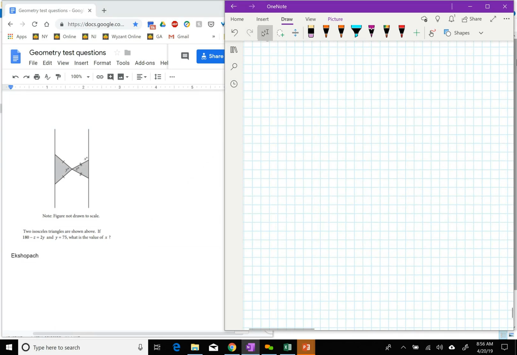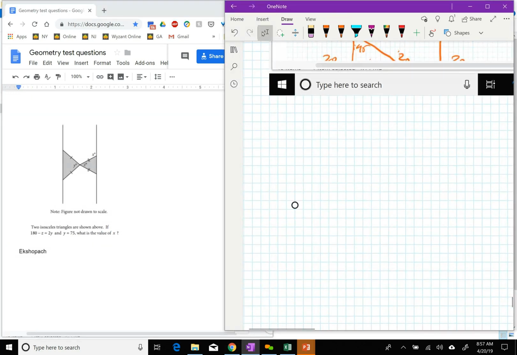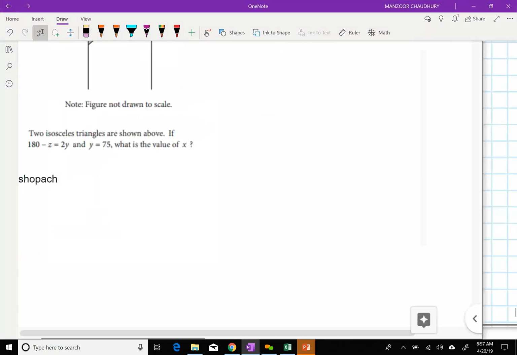2 isosceles triangles are shown above. Is there any way to zoom in a little on that one? Thank you.